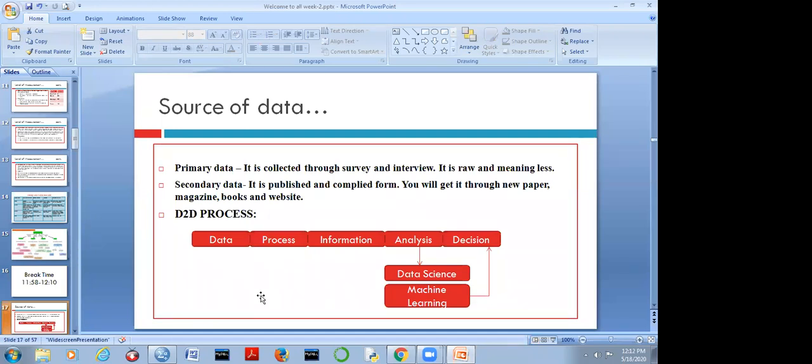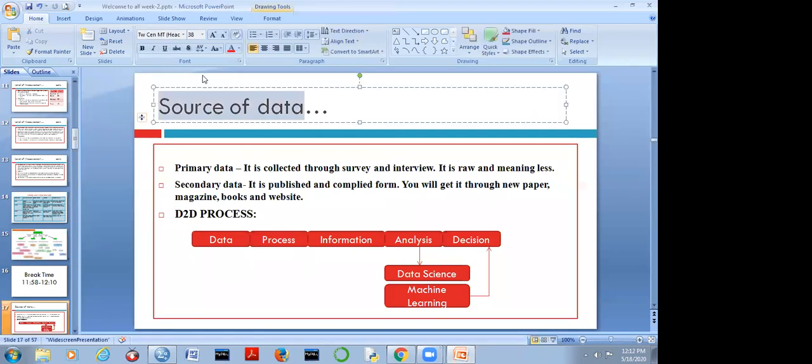Because we are in data analytics, in future we are going to become data scientists. If you want to go beyond, then you go for data science, which is machine learning. So first of all, we understand the source of data and types of data.